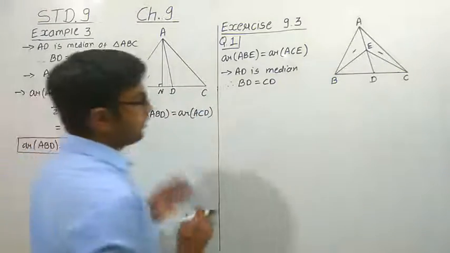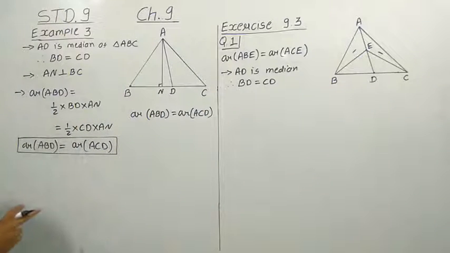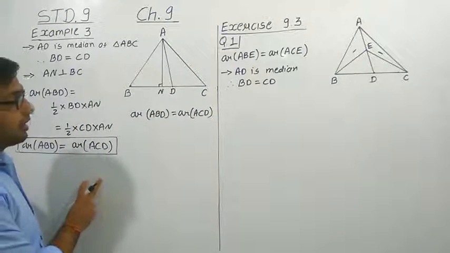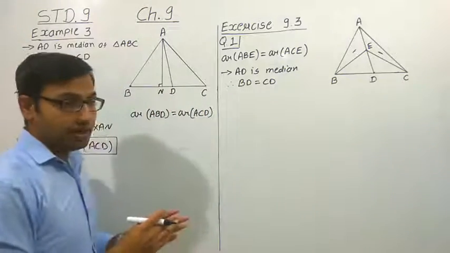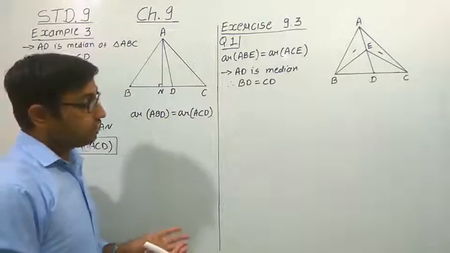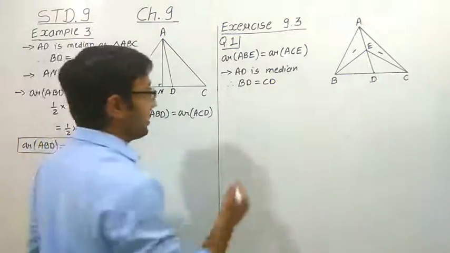Now, we know that according to the result that we have studied as example 3, as AD is the median of triangle ABC, it will divide the triangle ABC into two triangles, and both the triangles have equal area.